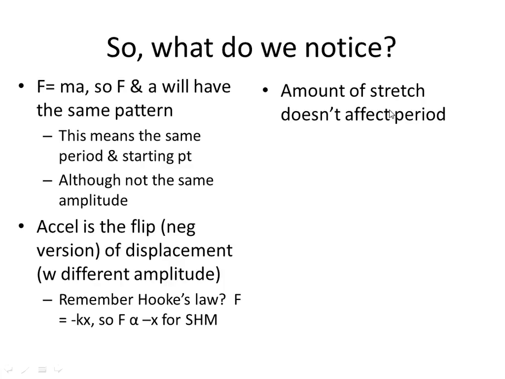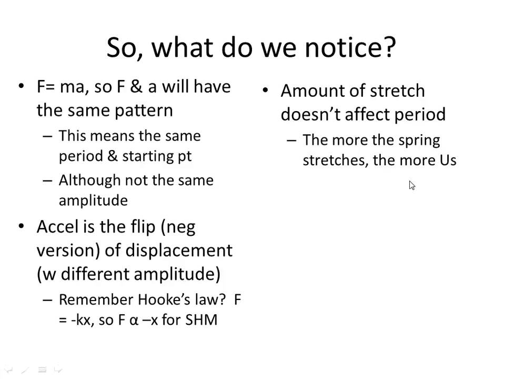We saw this already. The amount of stretch doesn't affect the period. You can think of it as the more the spring stretches, the more the spring potential energy, and that's all going to turn into kinetic energy, which means a bigger stretch means a bigger Us, means a bigger kinetic. That means it's going to go faster.